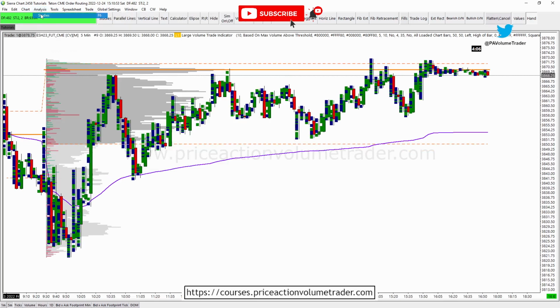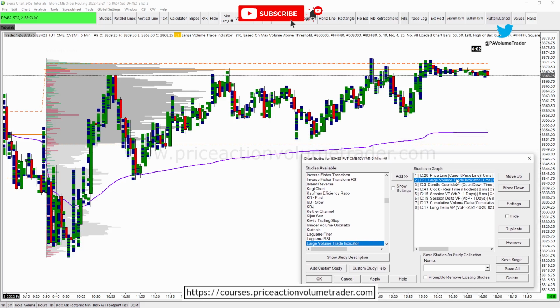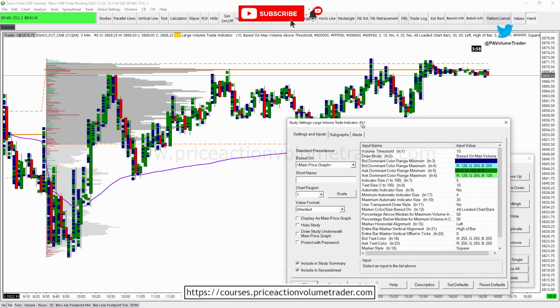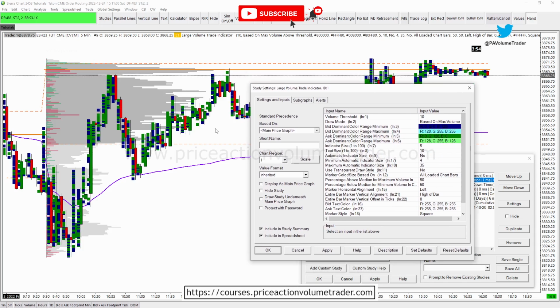So we go back to studies. Let me get this out of the way. We go to large volume trade indicator and we click settings. Now we get our settings window here. So you can see it looks very messy because it's set at 10 contracts. So obviously you're going to get signals everywhere, because 10 contracts is not that big when you're talking about the ES during regular market hours.